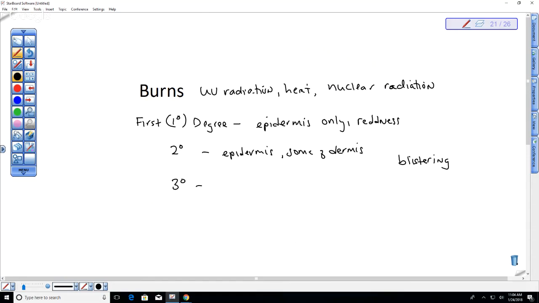And these are the full thickness burns. So this would be the epidermis and the dermis. And the thing about these is that they cannot regenerate. So the skin cannot regenerate on its own.